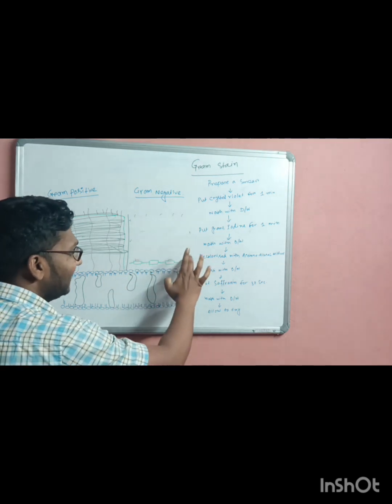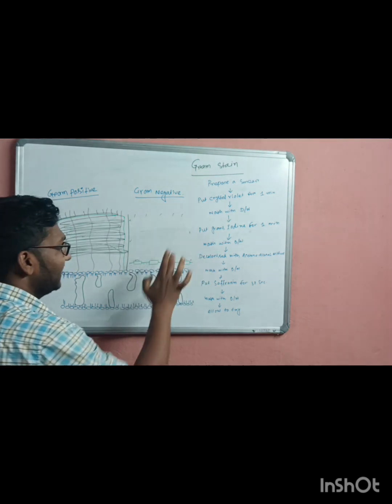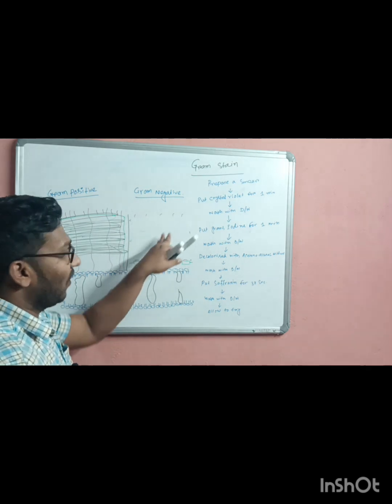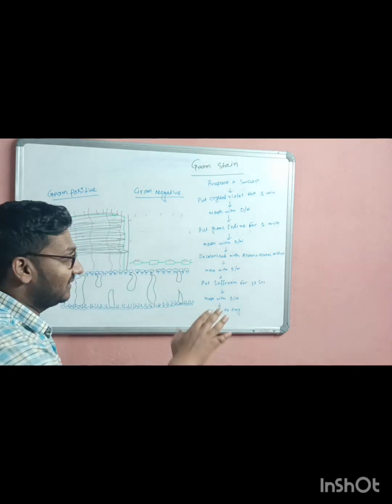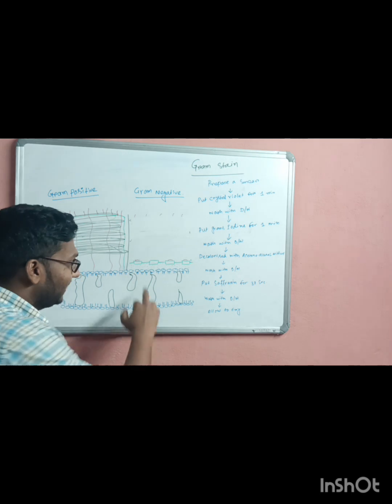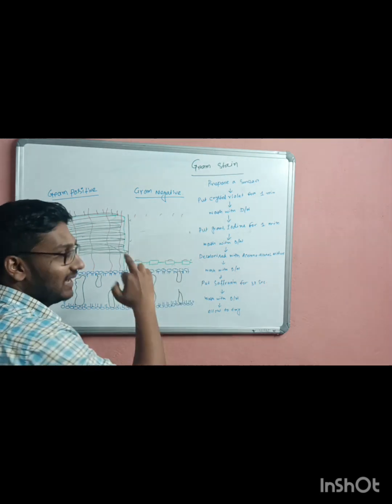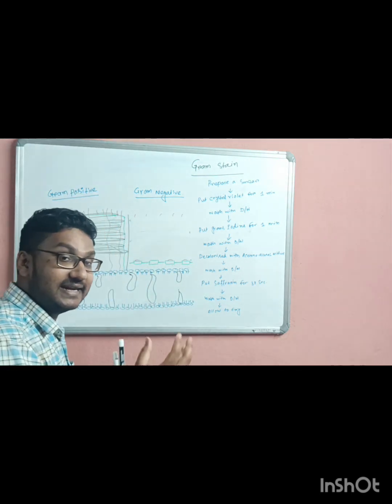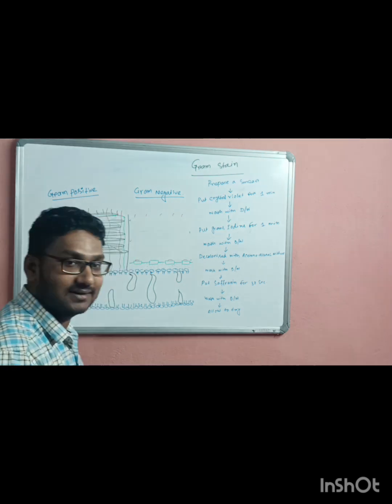But in gram negative bacteria, all color was removed at the time of decolorization, so the peptidoglycan layer of the gram negative bacteria remains unstained.